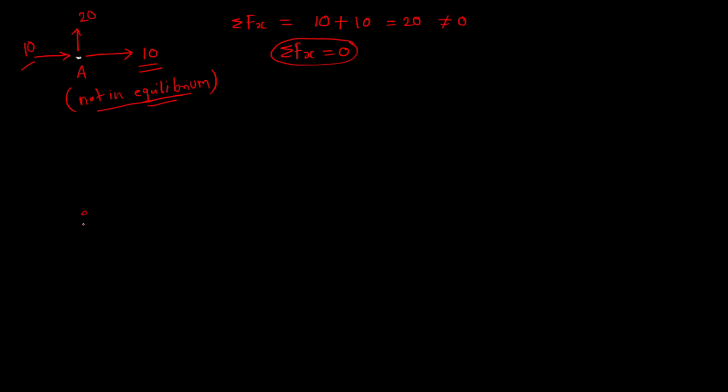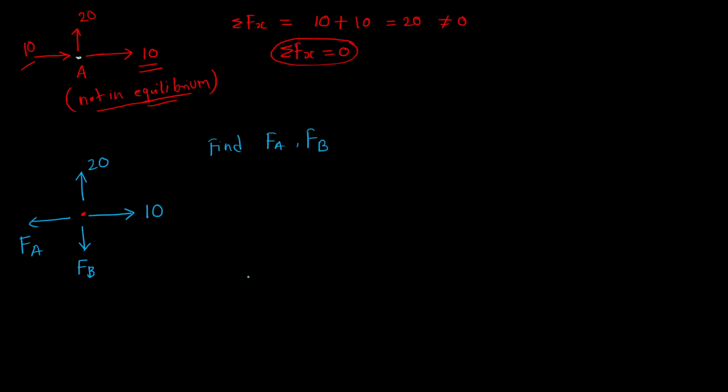Now let's take another problem. In this problem, it is given that this point is in equilibrium. There is one force acting, this is 10. One more force acting has the value Fa, and this is 20. One more is Fb.